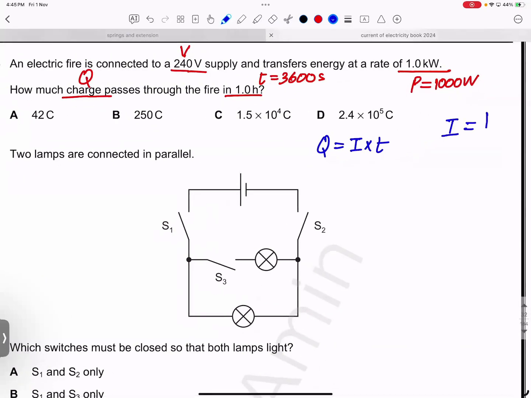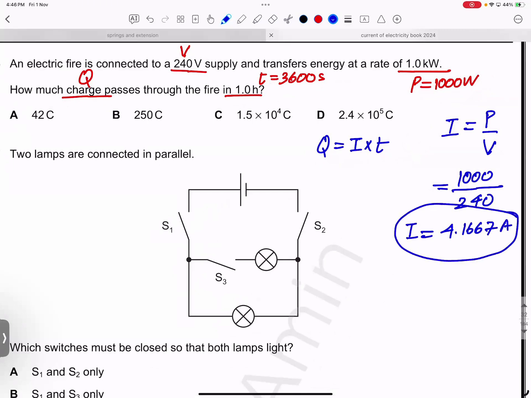So current I equals P over V. We can first find current. So power is 1000 over voltage 240, which is 4.16667, right? That is the current. Once you got the current, substitute here. So charge is current 4.1667 times time 3600, which is approximately 15,000.